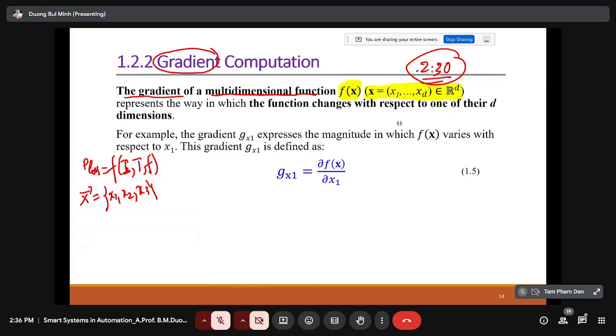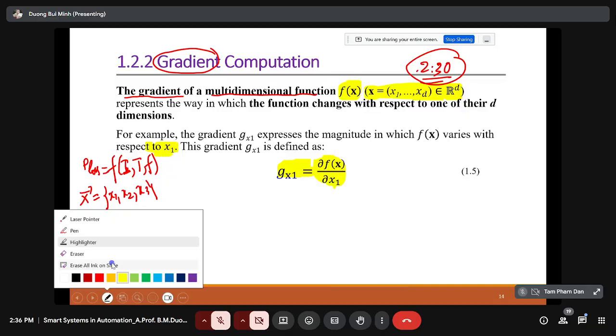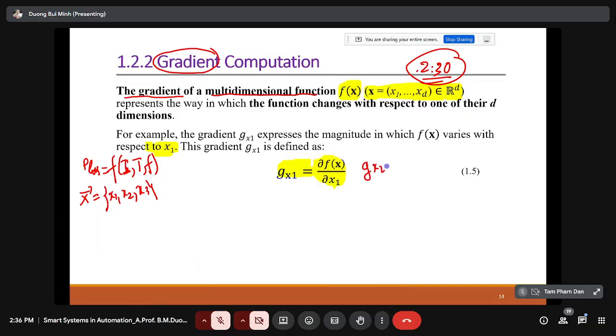Like this, we have the objective function f(x), and x has how many dimensions? D dimensions. So we take the partial derivative. If we consider x1, we can get the gradient of f(x) with respect to x1. Similarly, we have the first derivative with respect to x2, and so on, up to the first derivative of f with respect to xd.